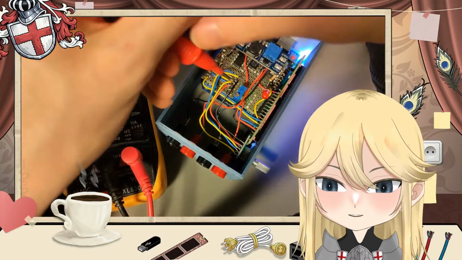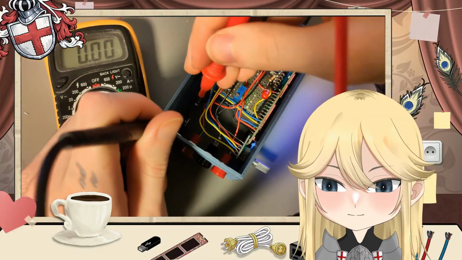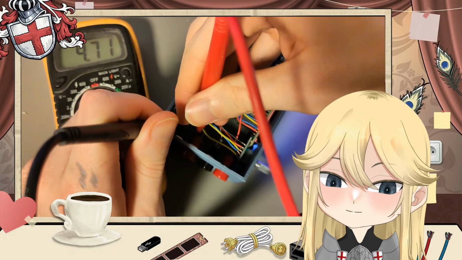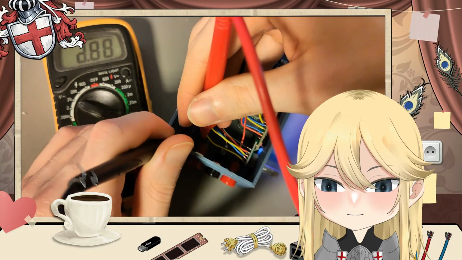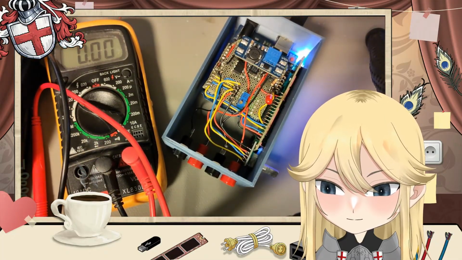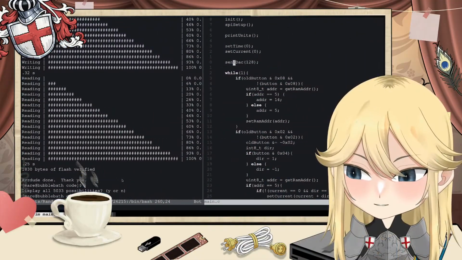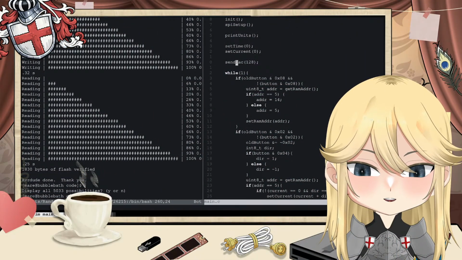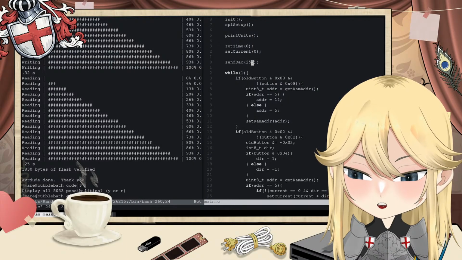Okay, let's see. What kind of voltage are we working with? Should be around 6. So 4, I guess. Interesting. Okay, what happens if we... Let me really quickly... Oh, I actually need to... let's set this to the maximum value.